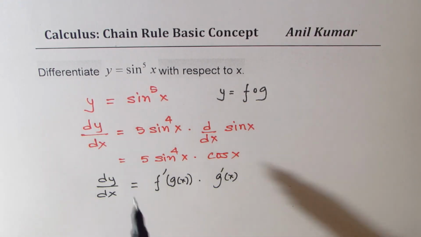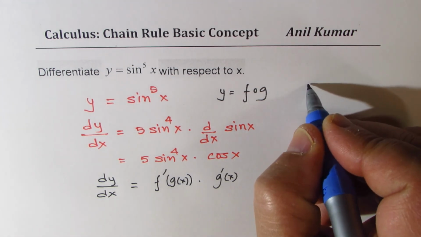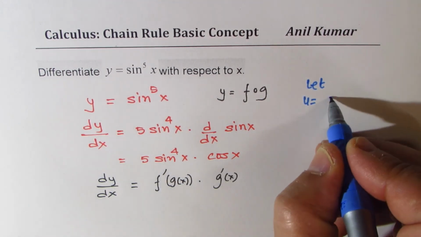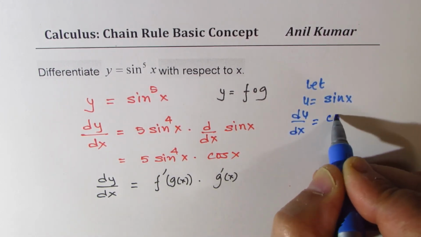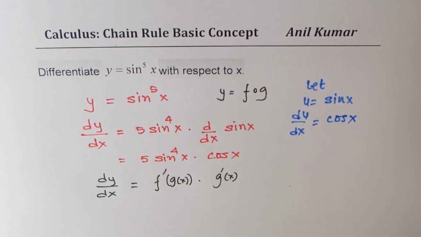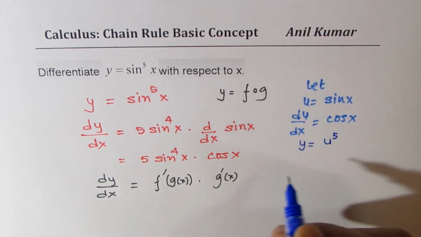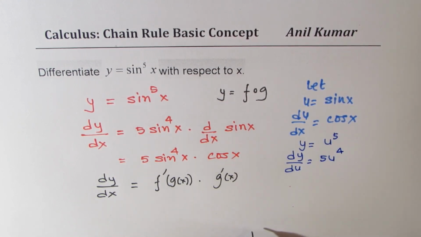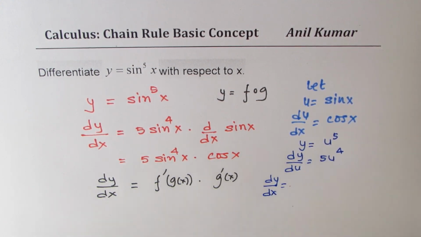So you can actually apply the rule we used for substitution, which is to say that you could do it also like this: let u equal sine x. In that case, du dx will be cos x, correct? And if that is what you do, then y will be equal to u to the power of 5, dy du will be 5 u to the power of 4, and dy dx is the product of these two, which we got right there.